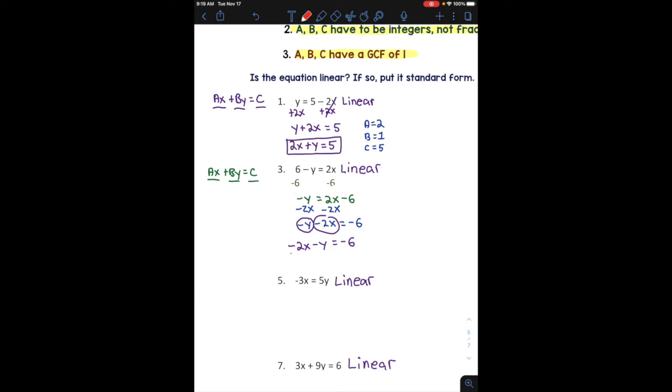We're going to divide everything by negative 1, which will now make our a value positive 2x, and it's going to change the signs for every term in the equation. So negative y divided by negative 1 is positive y, and negative 6 divided by negative 1 is positive 6. So our equation in standard form would be 2x plus y equals 6.